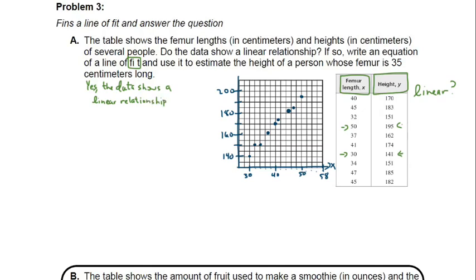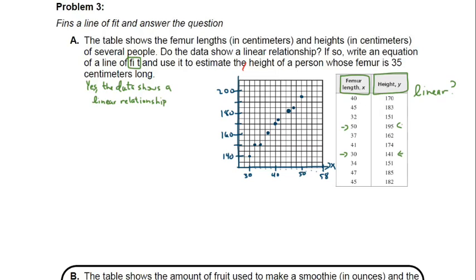Okay. It says, if so, write an equation of a line of best fit and use it to estimate. To find a line of best fit, you take your ID, take a ruler, and draw a line the best you can down the middle of the graph.